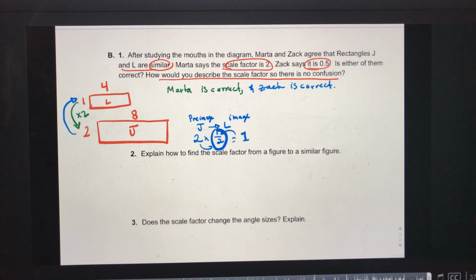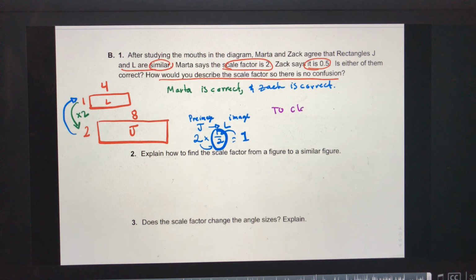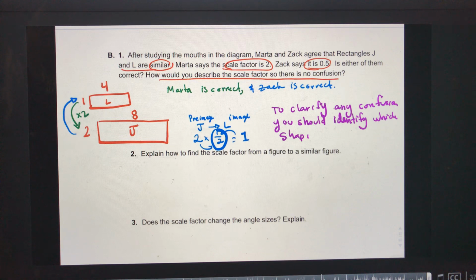Okay, now they are both similar to each other, and the way that we can clarify any confusion, you should identify which shape is the pre-image and image.